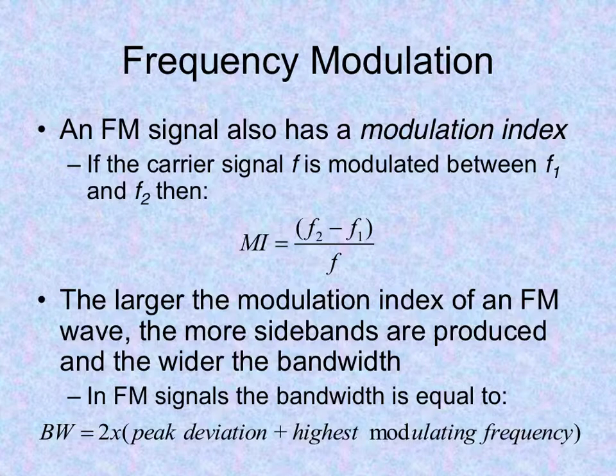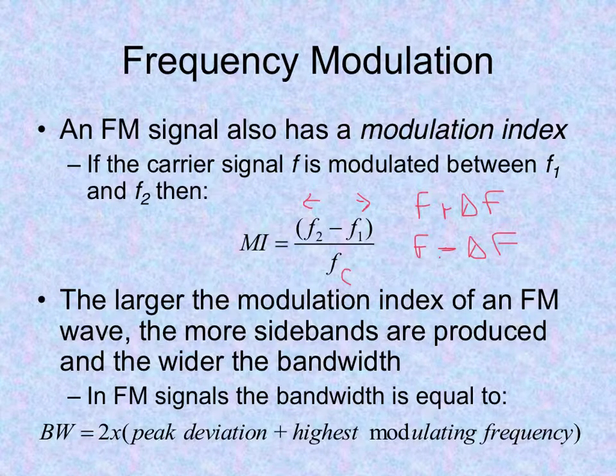And so the modulation index is equal to the difference in the maximum and the minimum frequencies. Okay, so that was our F plus delta F and F minus delta F, divided by the frequency of the carrier.